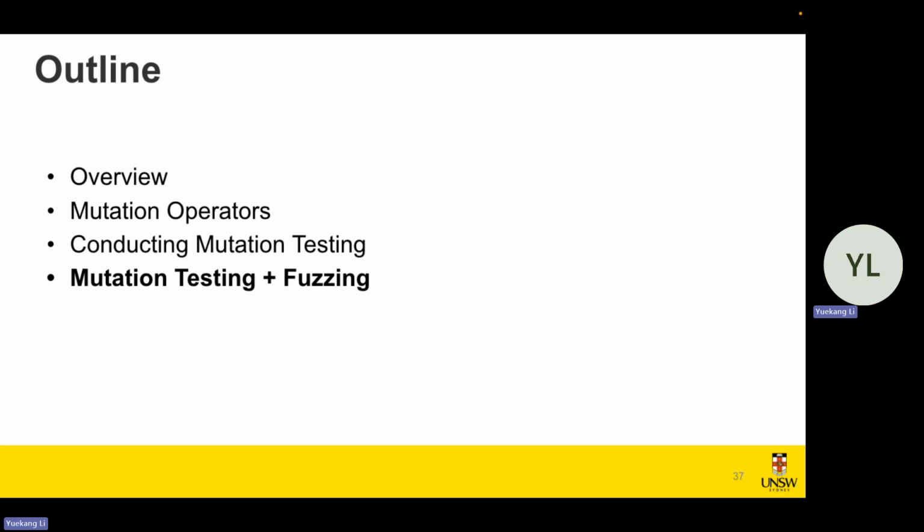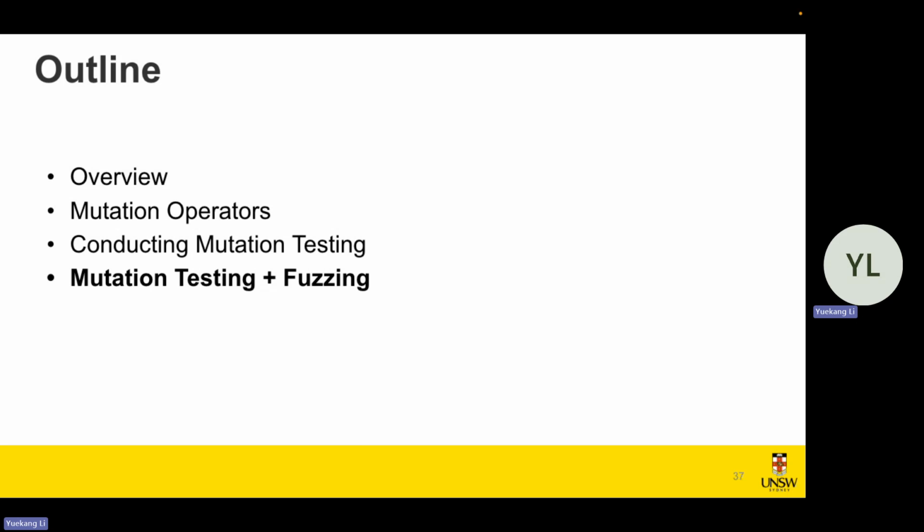And for mutation testing, the key thing we need to consider is the mutation operators. The mutation operators are often very small syntax errors that could be made. The reason for using these small syntax errors is that we would like to automate the creation of mutants, so we can massively create the mutants.